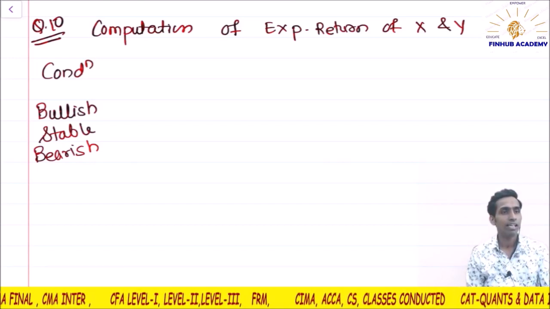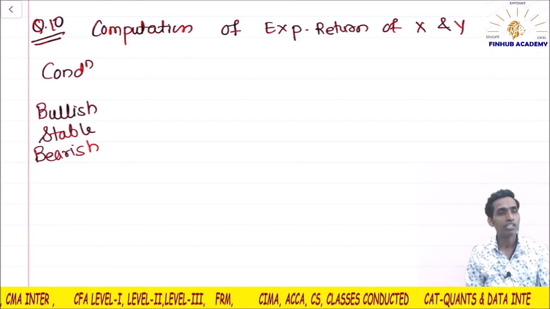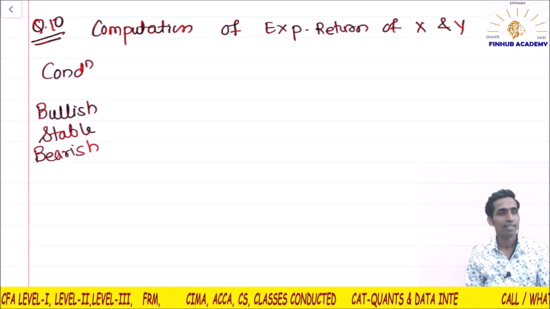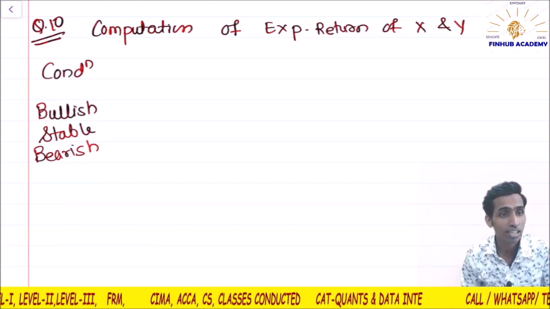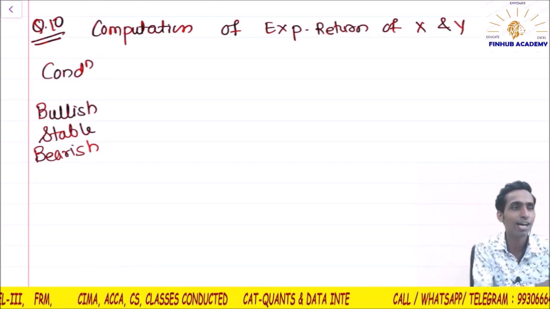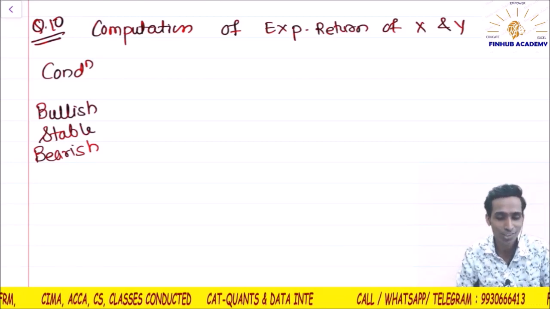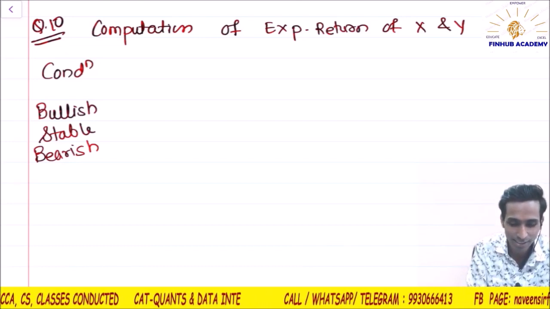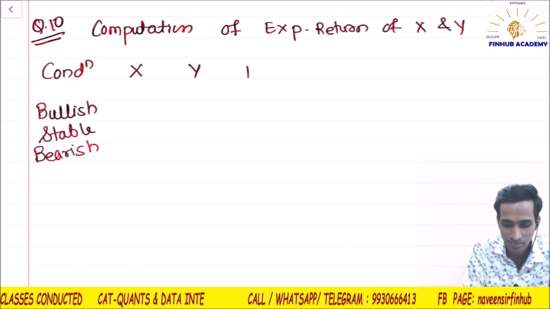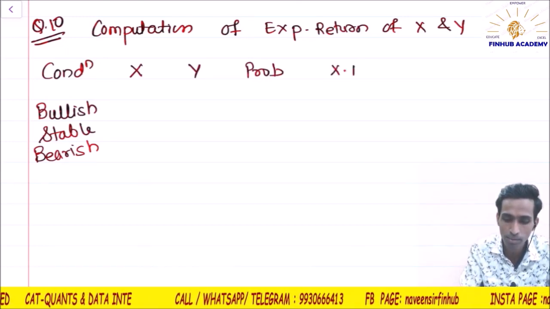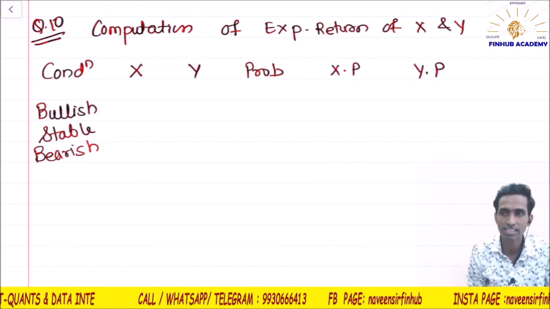You know why bullish is called bull? Because a bull hits up like this, and a bear hits down like this. Scam 1992, yes, it was there. Then probability, then x multiplied by probability, y multiplied by probability.